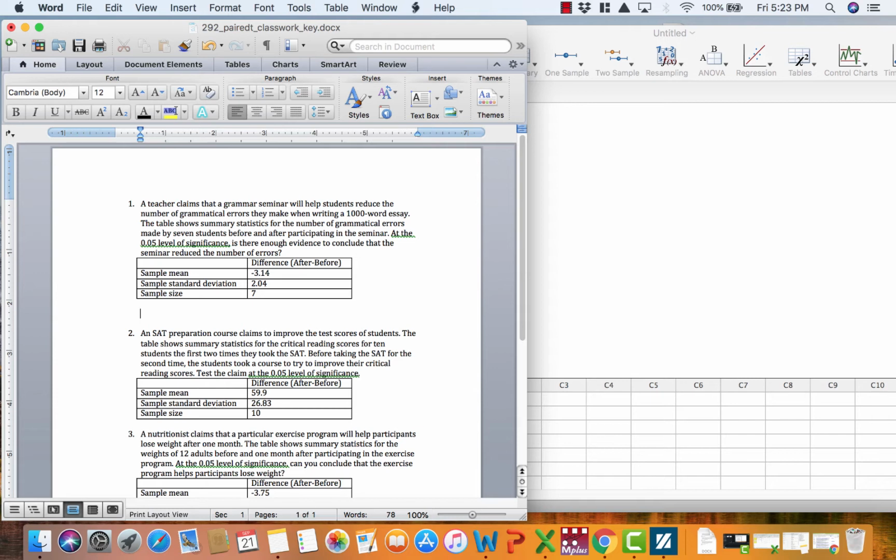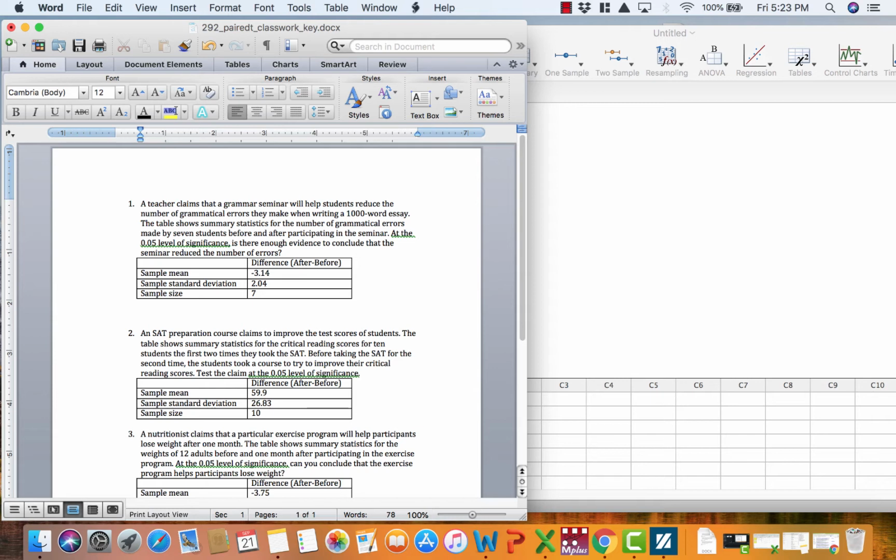So this is classic paired t. What do I mean by that? I mean that it is a before and after scenario. We've got a before count on grammatical errors, we have some kind of intervention, and then we have an after count on grammatical errors. And we want to know, did the seminar help?